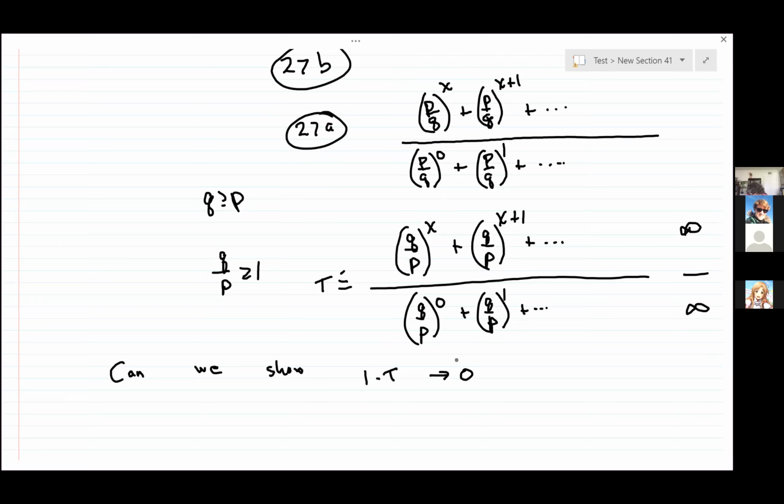That tells us that this ratio is between 0 and 1 because it's a probability, if we're using 26b. Okay, so this is a probability. Does that make it easier? Not in an obvious way.